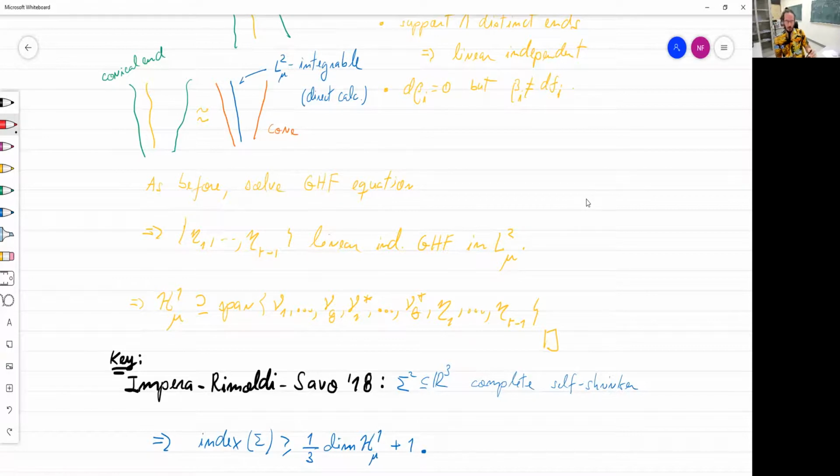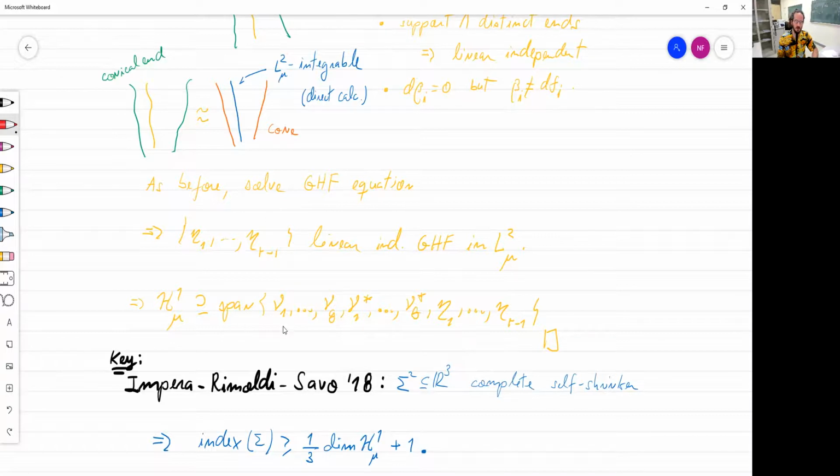You can't use the star operator here because it's not clear if they're still linearly independent. For these ones, you can prove that the 2G are linearly independent, but if you start here, it's not clear that they're linearly independent.